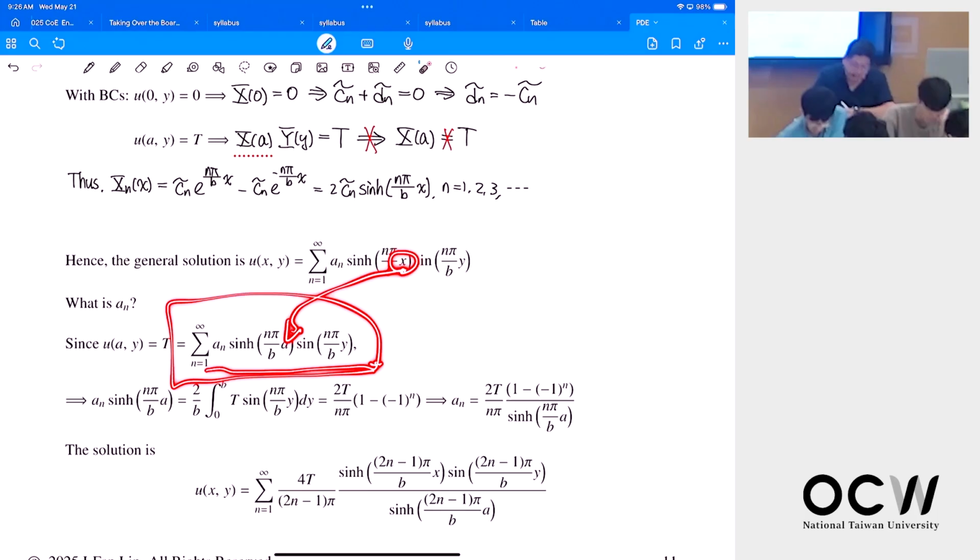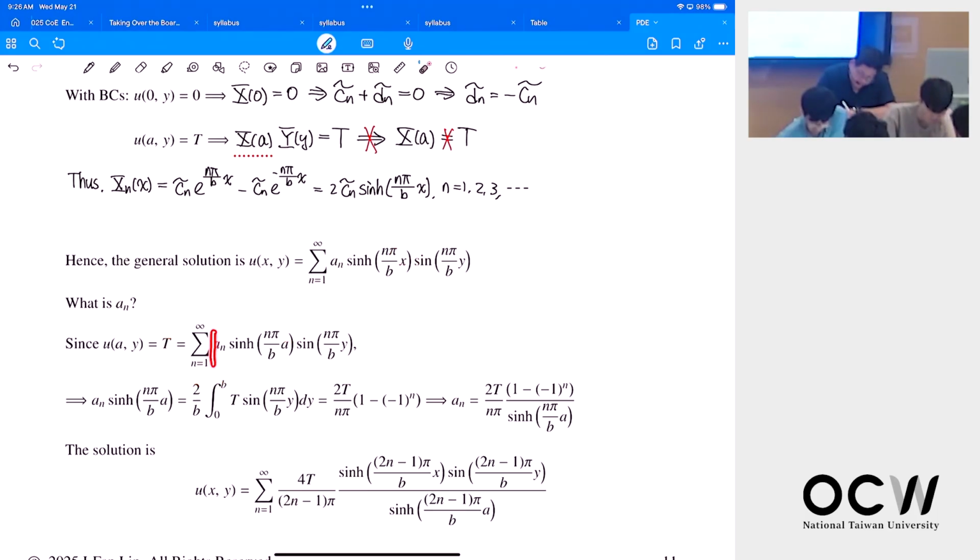Okay, so overall for this boundary condition, you can think about this part as your coefficient, say En, for example. So if I have a coefficient times sine, that's a Fourier sine series. So how do I get this coefficient?